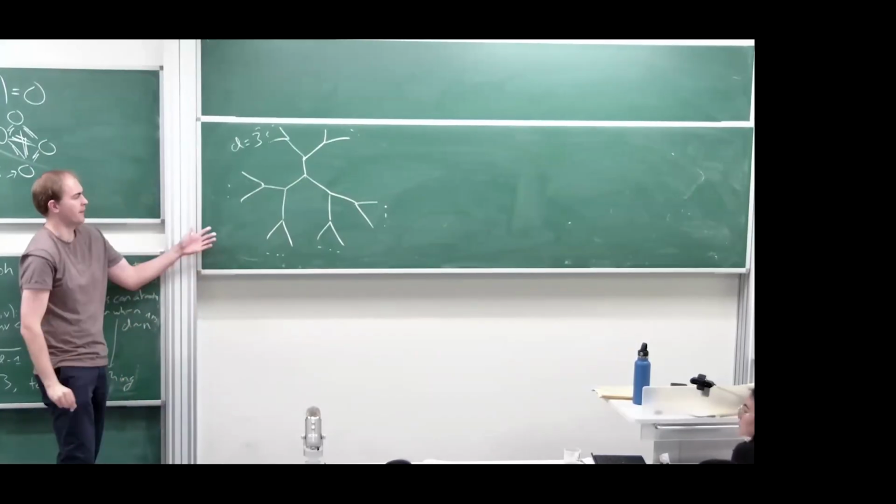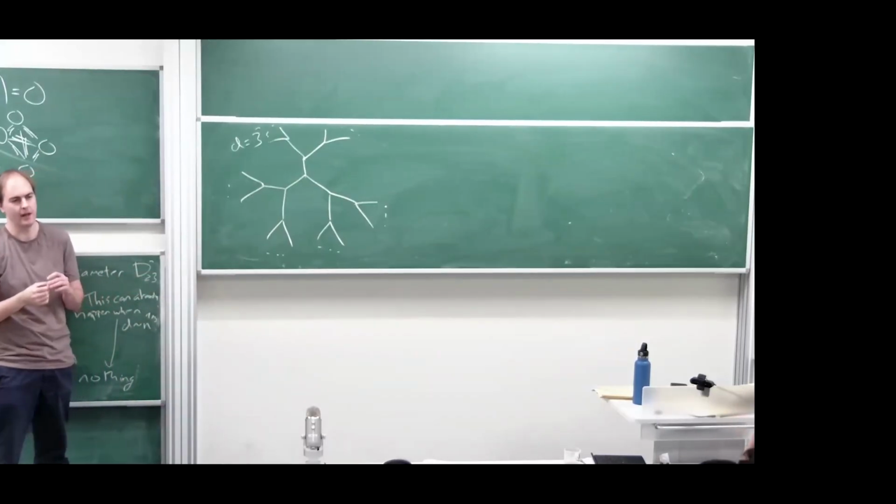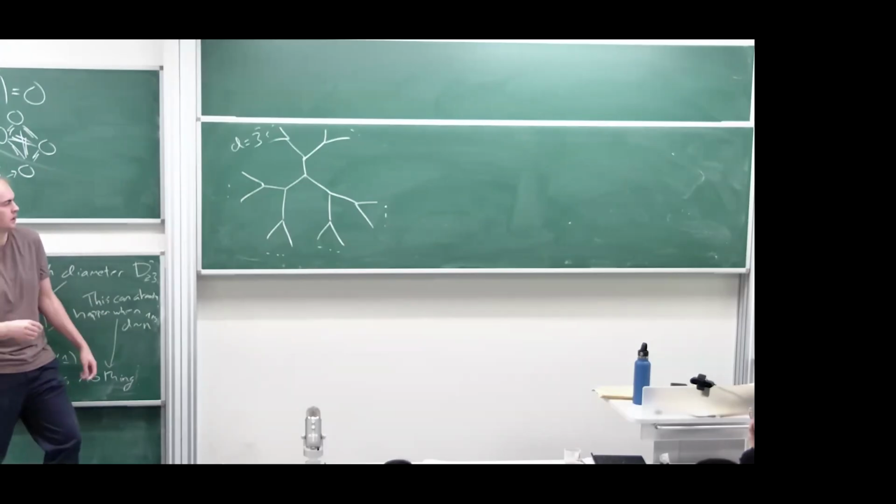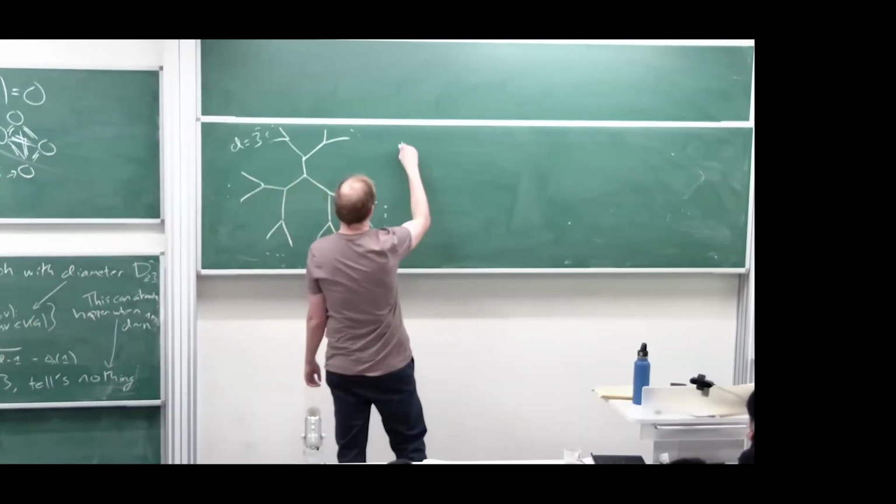So for every d, we can construct an infinite d-regular tree. Basically you start with a vertex, you add d neighbors to it, they have d neighbors, and so on. So let T_d be this.